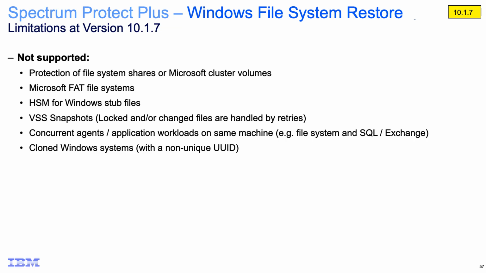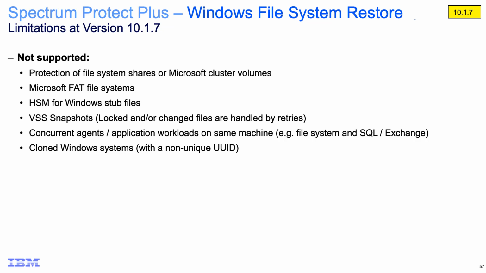Just continuing, there are some limitations that were there in version 10.1.6 that are still there in 10.1.7, and we may at some point remove those restrictions, but as of version 10.1.7, they're still there. Today, we don't support Microsoft cluster volumes, file allocation table file systems, or the backup of HSM Windows stub files.